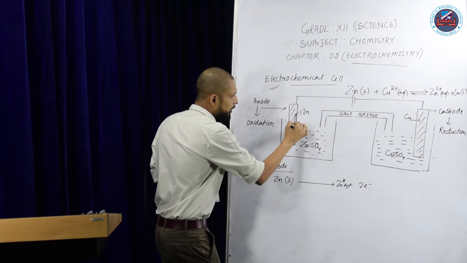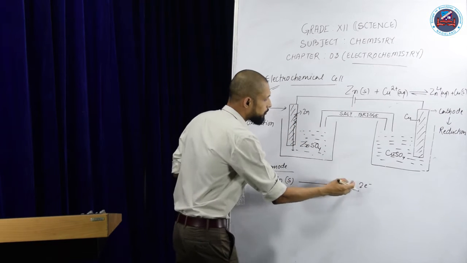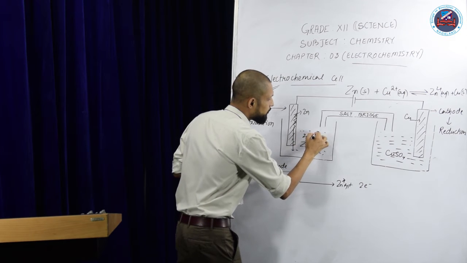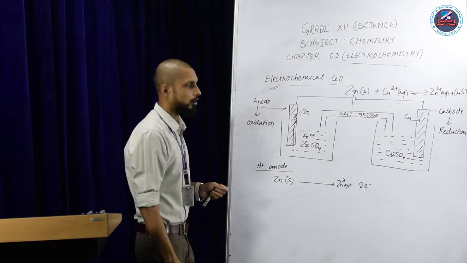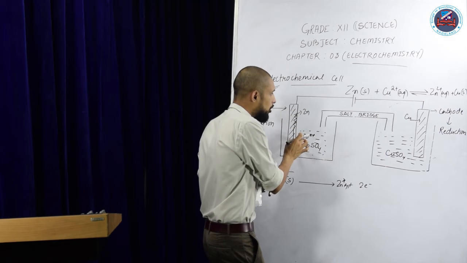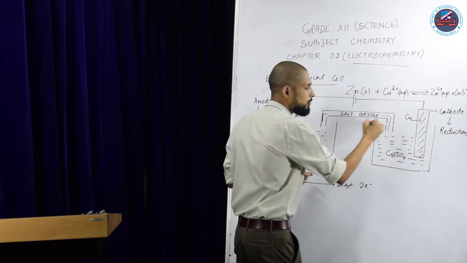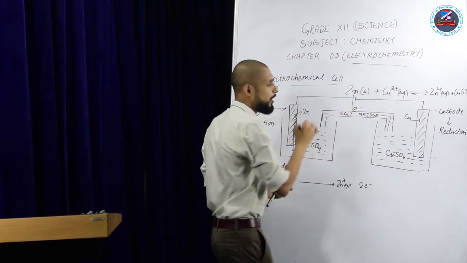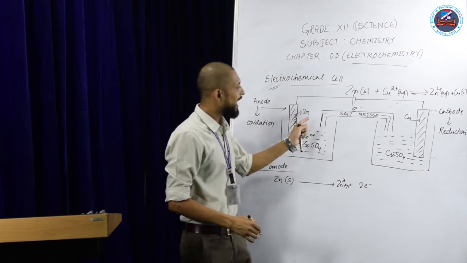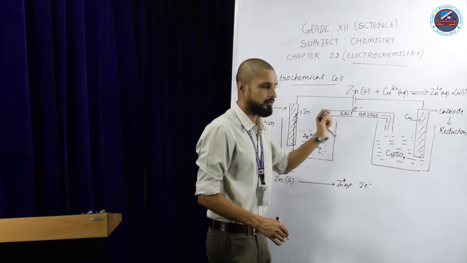So zinc from here will go into the solution, will release two electrons and remain as Zn2+ in the solution. The two electrons released at anode will go to the cathode with the help of the salt bridge. So the salt bridge will help in the flow of electron from anode to cathode.